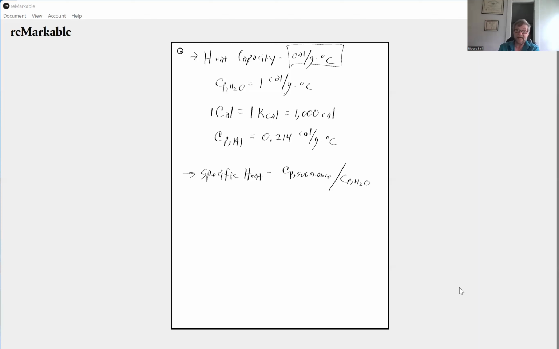In analogous fashion, the specific heat is the heat capacity of the material divided by the heat capacity of water.